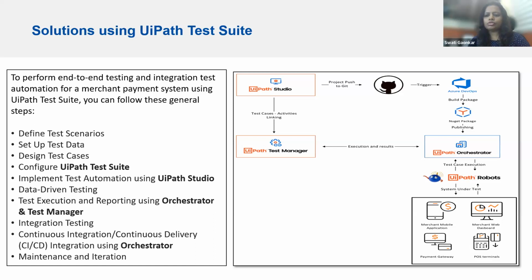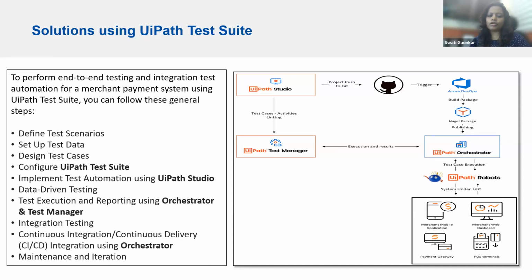Then we need to see which type of testing will be there. So it will be data driven testing, model driven testing, or a hybrid. So what type of testing? Here in the merchant system we have used data driven testing, and depending upon the different types of data, we have created the framework, and we are using that for the particular payment systems.